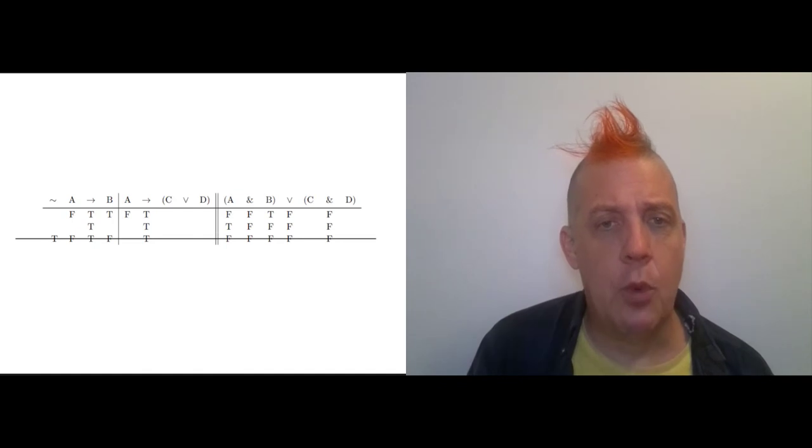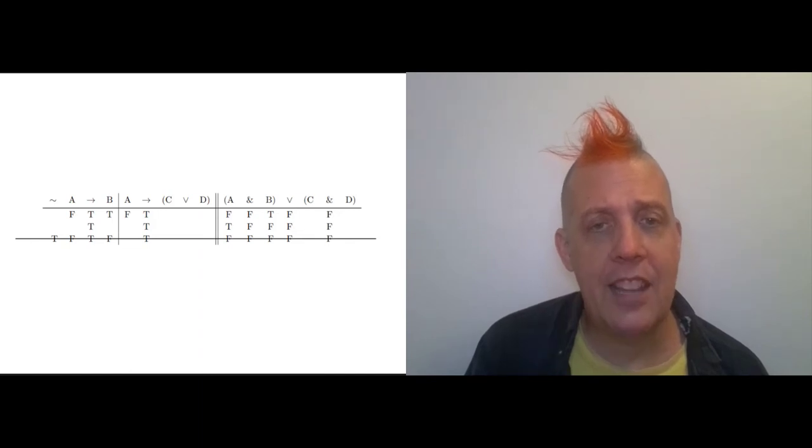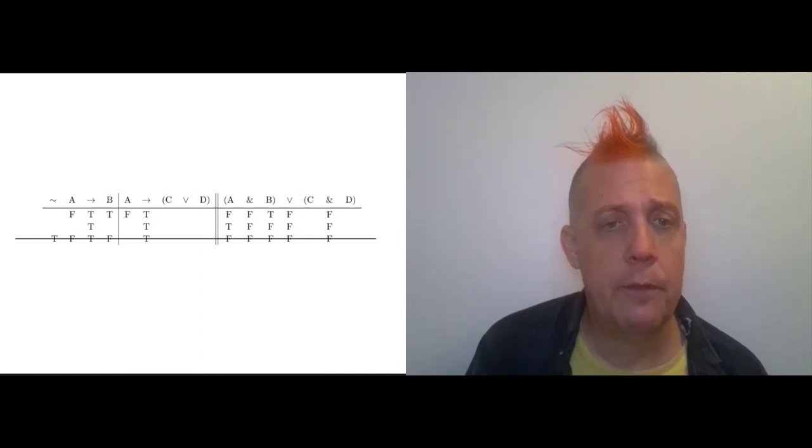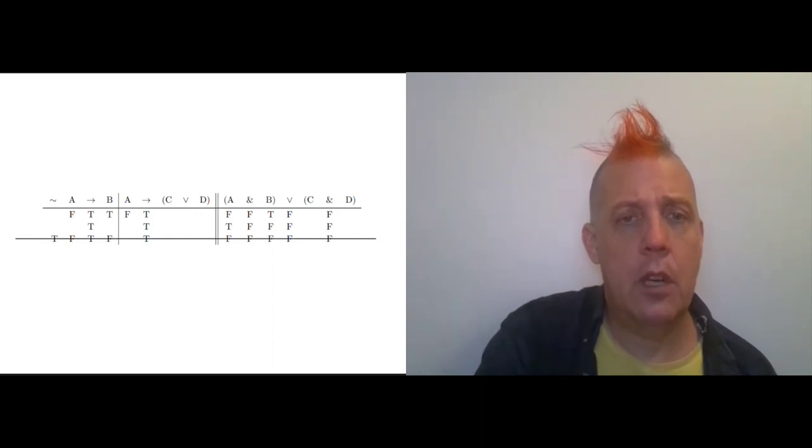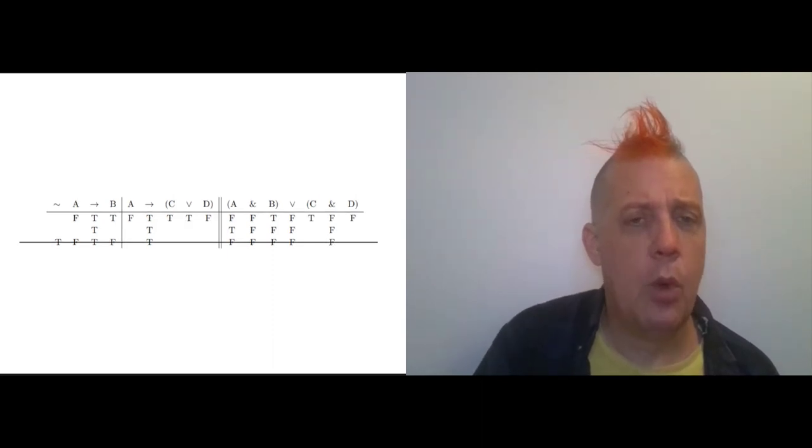Let's try the first one. We take the F for the A and the T for the B. We move it to the first premise, and we also have an F in the second premise. Having a false A in the second premise, that works. We can actually fill that in any way we want. So let's just pick one.